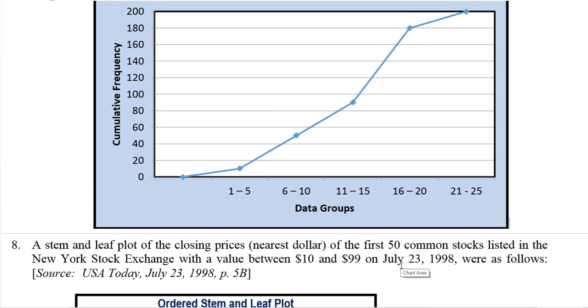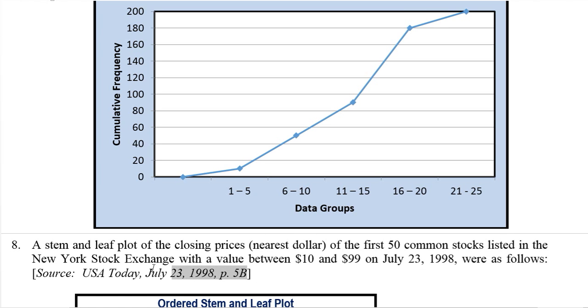Okay, next question. A stem and leaf plot of the closing prices to the nearest dollar of the first 50 common stocks listed in the New York Stock Exchange with a value between $10 and $99 on July 23, 1998 were given this way. And notice I've given a source.